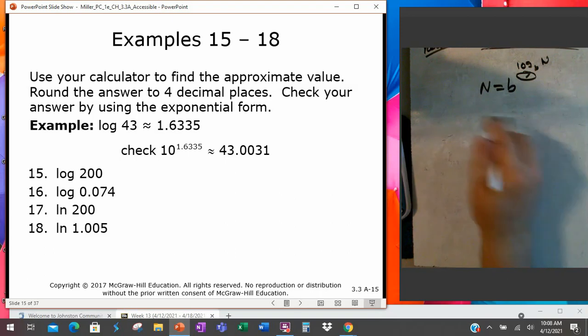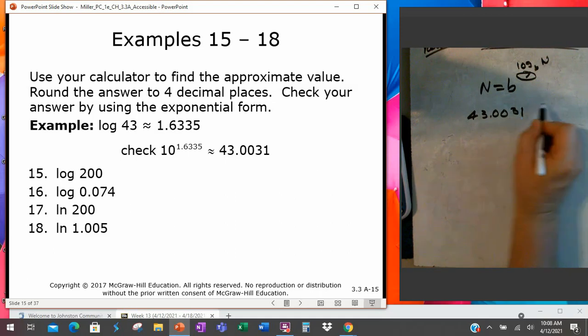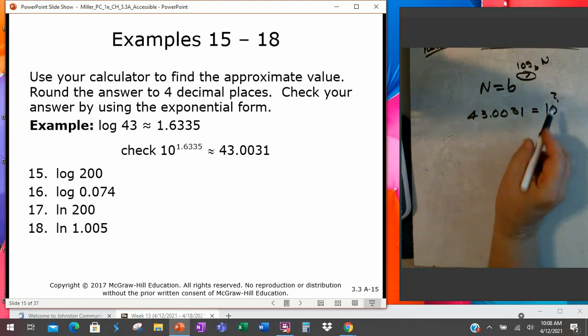So for instance, I want to represent 43.0031 as a power of 10. This is crazy: 10 to the 0 is 1, 10 to the 1 is 10, 10 squared is 100. This doesn't even lie between those.